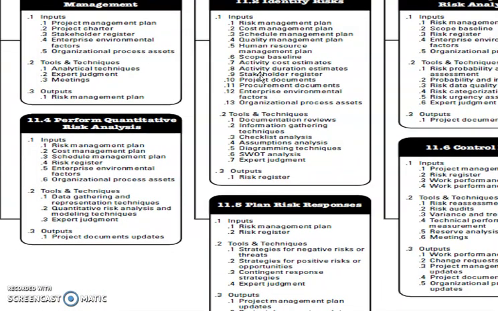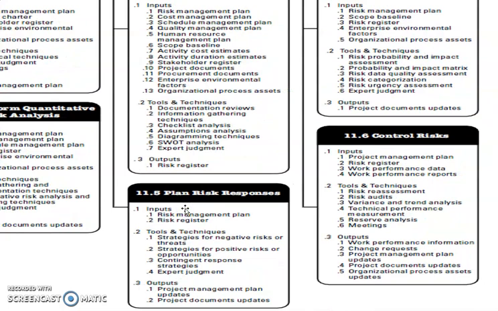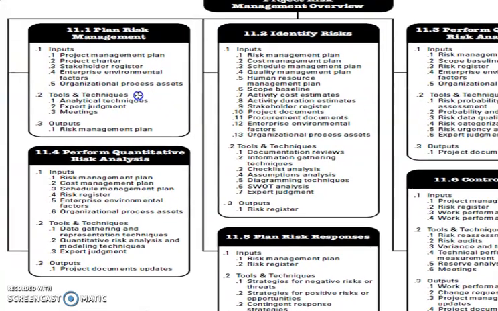Fourth process, perform quantitative risk analysis. Fifth process, plan risk response. And the last process is control risks. There are a total of 6 processes in this knowledge area. Now let us go one by one.